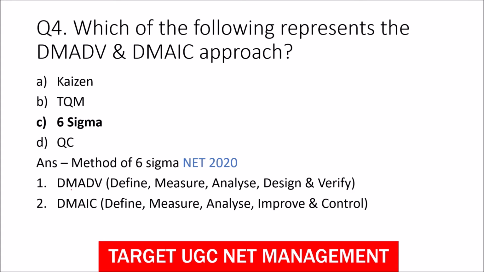DMADV stands for define, measure, analyze, design and verify, for new products and designs. Second, DMAIC: define, measure, analyze, improve and control, for existing procedures. Okay, easy. Always remember the Six Sigma method.